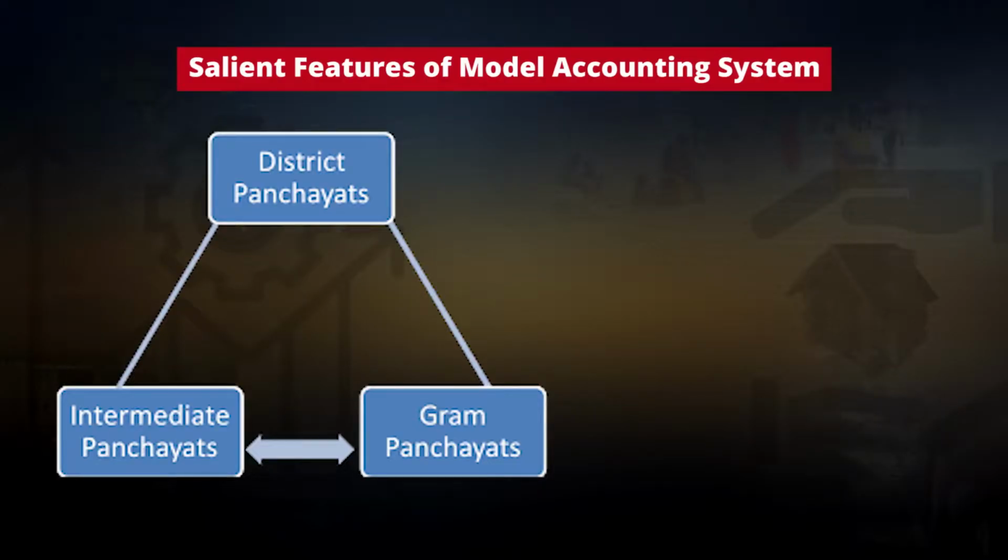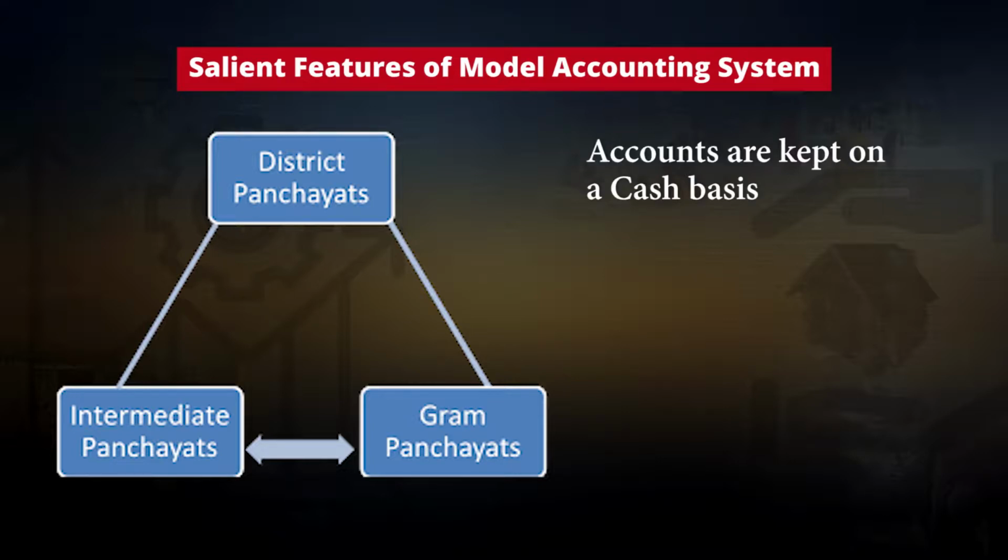Let us discuss the salient features of the Model Accounting System. The Model Accounting System is similar to the accounting practices followed in the central and state governments. Each institution, that is, Zilla Parishad, Intermediate Parishad, Gram Panchayat, is an accounting entity.